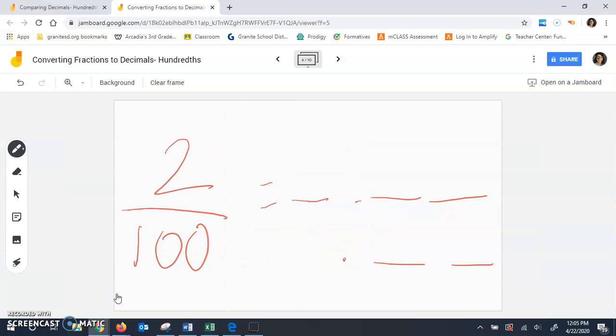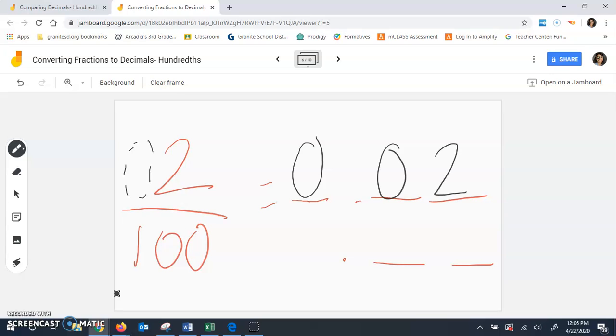But what if we have 2 hundredths? Automatically you're like, oh, the 2 is going to go right here. But you can't, because you have to fill in both place values. So we can put our 0 here if we'd like, and we're going to pretend like there's an invisible 0 here as well. And we put 0 and 2.